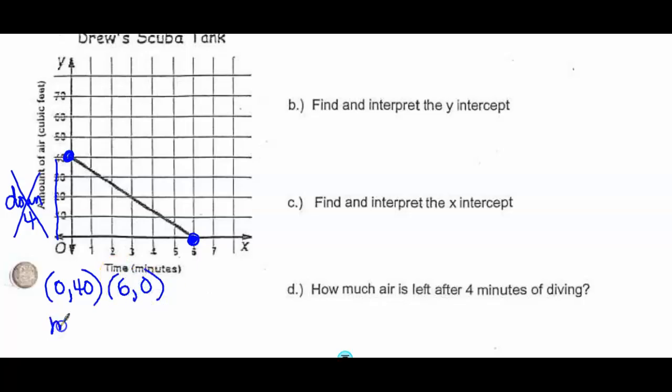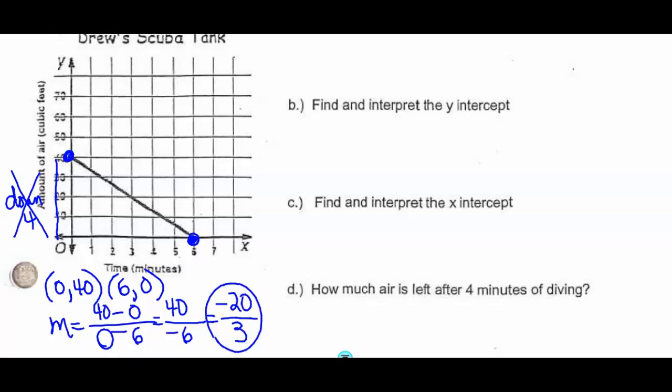And then you can do the slope by the formula method. 40 minus 0 over 0 minus 6. That is 40 over negative 6, but it always has to be simplified. And that simplifies to negative 20 over 3.